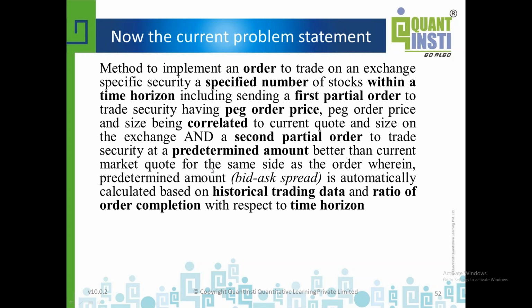What is the best market quote that I can send my order at? And for all this, obviously, you have to base it on historical trading data, right? And the probability of completion and whatnot. So this is a good way of executing, but to quantify how much to peg and what the discretion range is, you have to calculate these things through historical data.